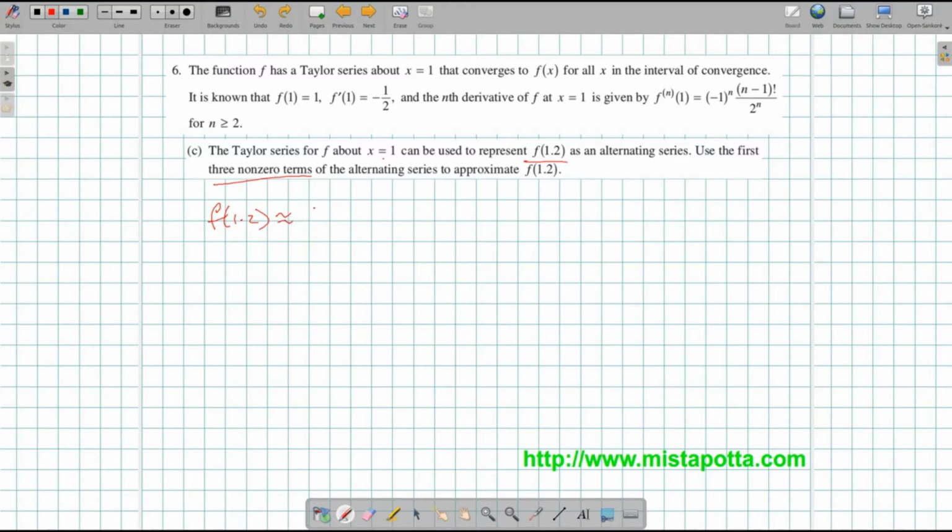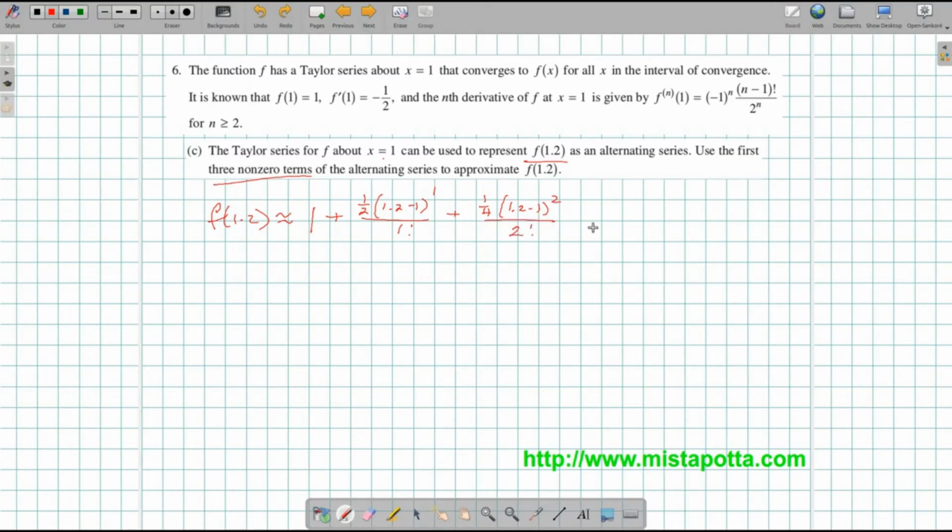That, remember, the first term was 1. The second term was that 1/2 x minus 1 to the first over 1 factorial. And the third term was that 1/4 1.2 minus 1 squared over 2 factorial.